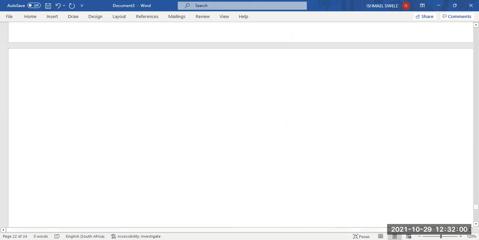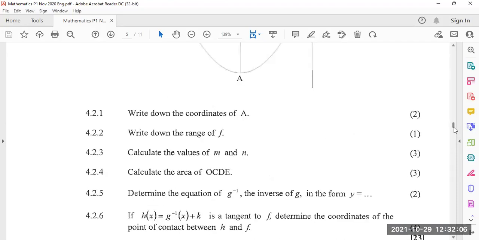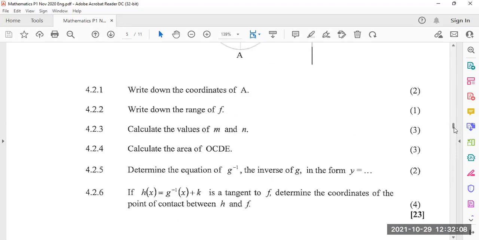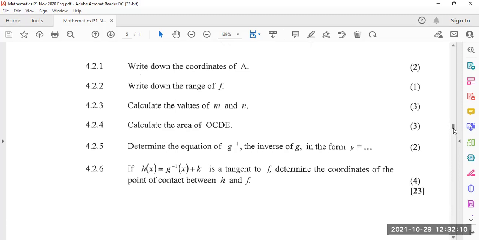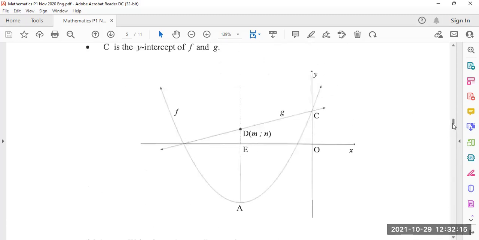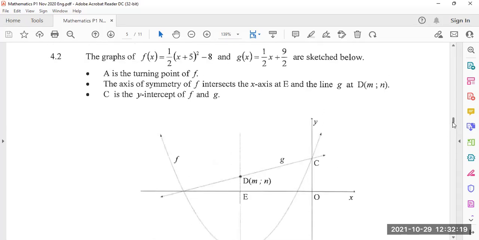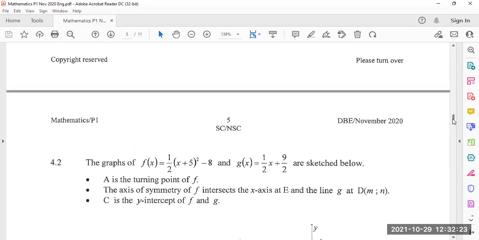Moving on, we are now going to the next question. Calculate the value of m and n. The value of m and n. Let's see, where do we see m and n? What did they say about point D? Did they say anything about point D?